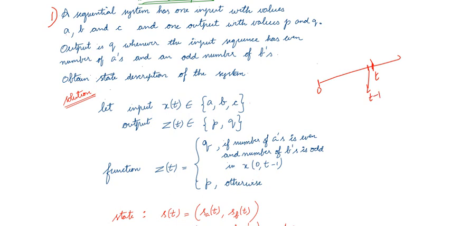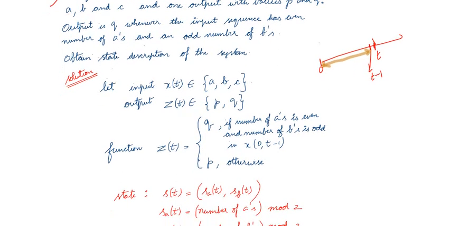In this entire time stretch before time t, that is 0 to t minus 1, you should have the number of a's as even and the number of b's should be odd at the inputs. Then the output z of t is q, otherwise it is p, because output can take only two values, either p or q. Output is q whenever the input sequence, that is x, has an even number of a's and an odd number of b's. Otherwise the output is p.